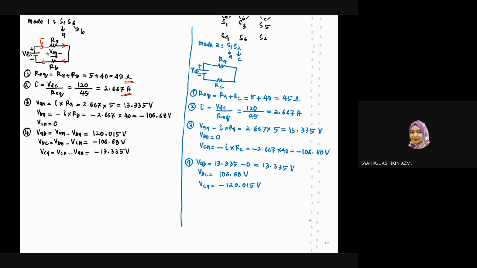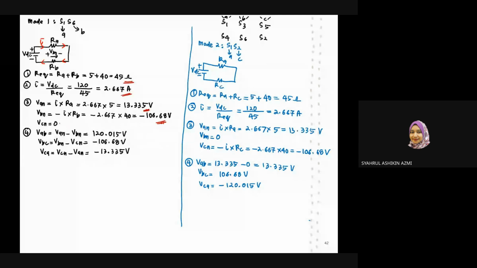Okay, in step number 3, you need to find your phase voltage. VAN will be equal to 13.335. You double confirm with the answer, because this is the one that has been given. The answer was given by your friend in another group. I don't have the calculator while assessing this mode of analysis, so I really believe that the answer will be correct from the calculation given by one of the friends in group 3, if I'm not mistaken.